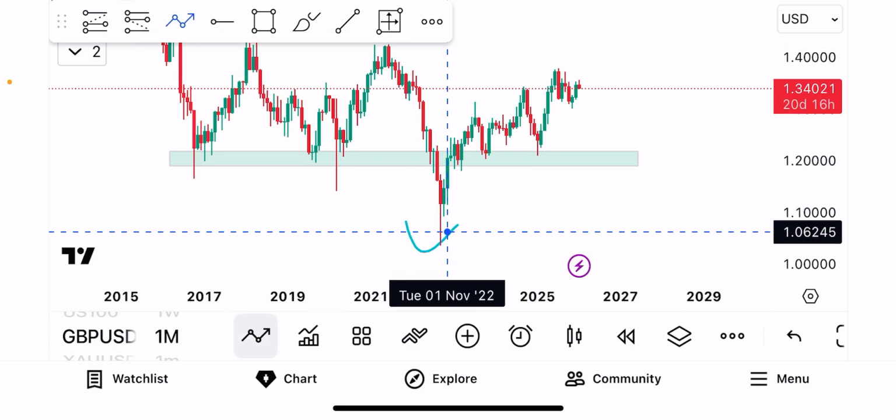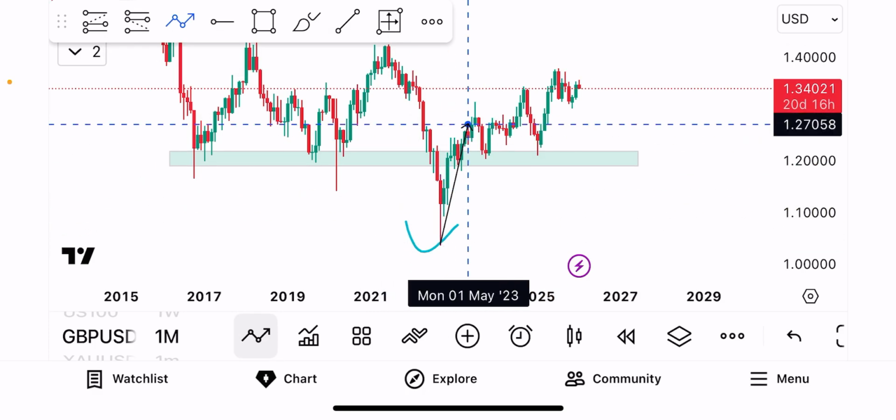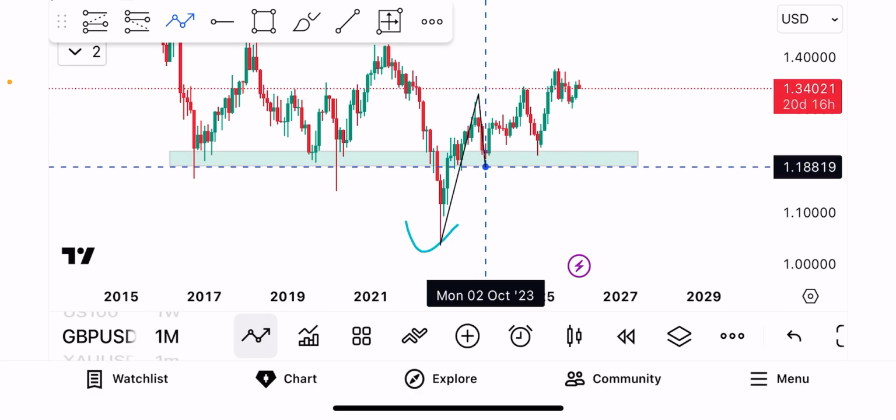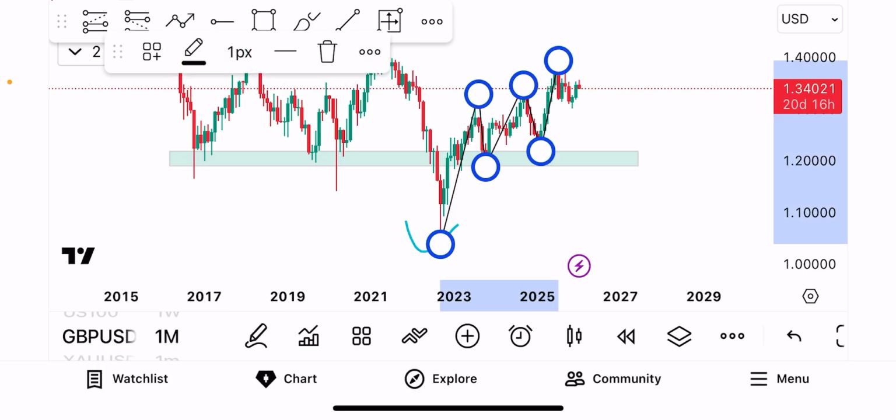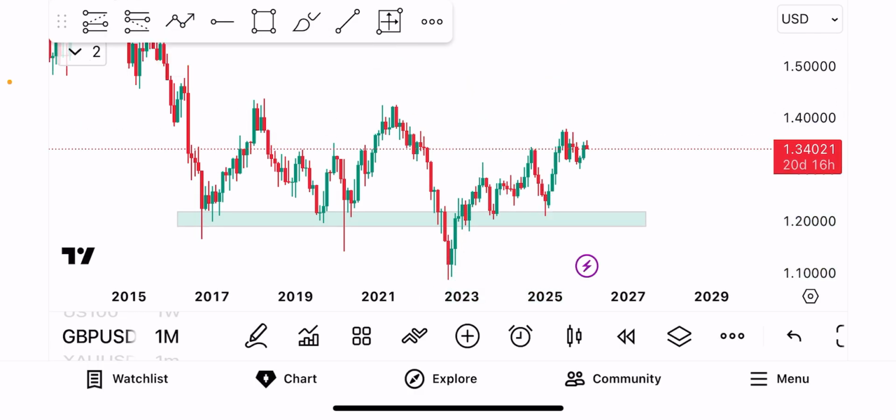Let me draw it again. After price found this low here, we had this high, higher low, higher high, higher low, higher high. But we see that the momentum at which price is pushing to the upside is not that aggressive. Okay, so we should have that in mind.